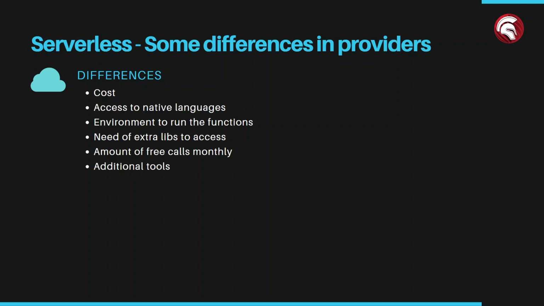The access to native languages, as some cloud providers today do not support all native environments. Okay. The environment to run the functions: some cloud providers give you access to the physical databases, others require you to call other functions to get access to that, right?